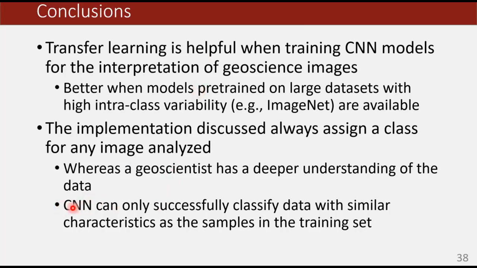Also remember that a CNN can only successfully classify data with similar characteristics to the samples in the training set. Whatever you feed the model is going to provide you with an output, and you can only trust the output if the data that you're processing is similar to the data it was trained on. And thank you.